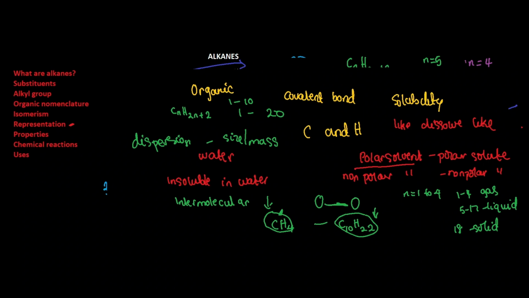Now some texts actually have that even from a number like, say, 14, alkanes exist as solids. So this varies to an extent. It's not necessarily 5 to 17.